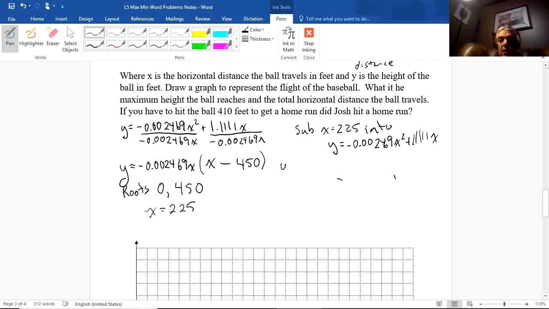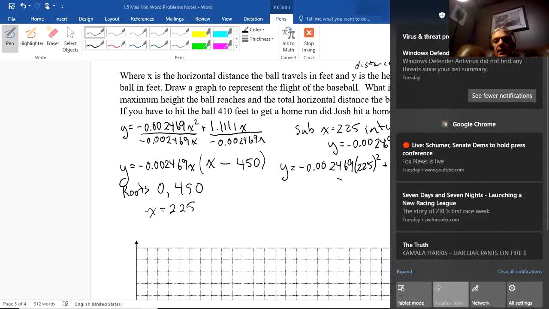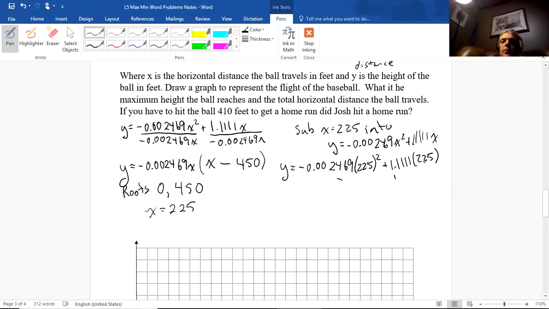Well, it gets pretty long. y equals minus 0.002469 times 225 squared plus 1.1111 times 225. Okay, because 225 is the value of x when it reaches its highest point. That's in the middle. It's halfway between 0 and 450.